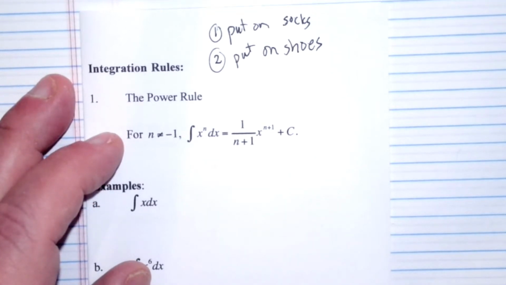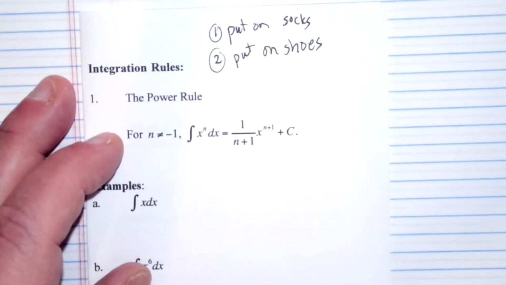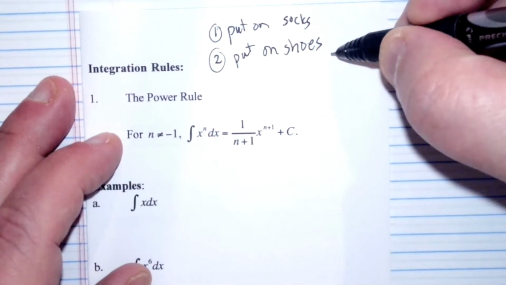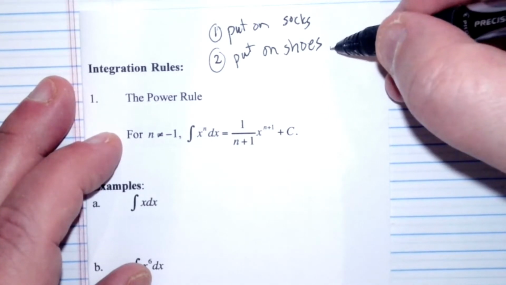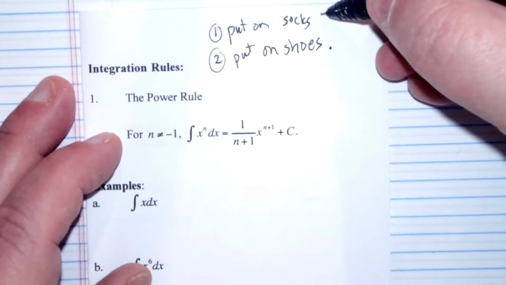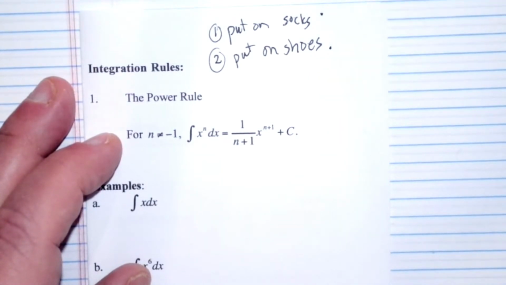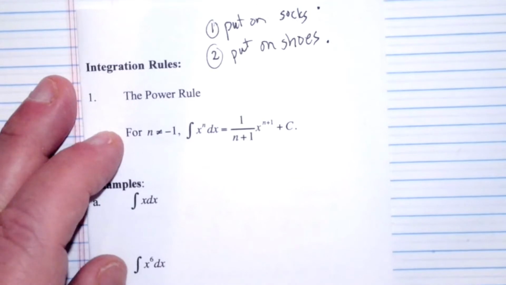You put on socks and then you put on shoes in that order. But then when you come home in the evening and you remove your shoes and socks, you've got to undo the things you did previously, but in the reverse order. You'd have to take off the shoes before you take off the socks. So that's the idea here. We're going to look at these multi-step processes, and we're going to undo each of those steps in the reverse order.